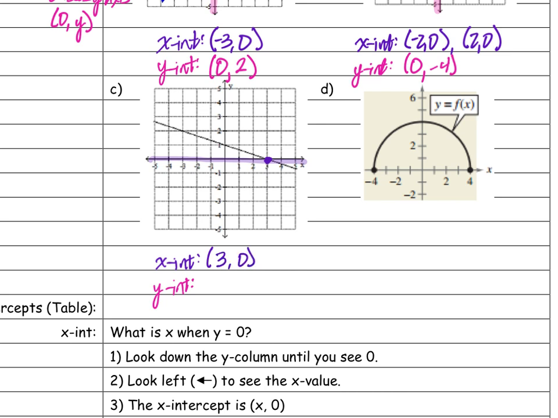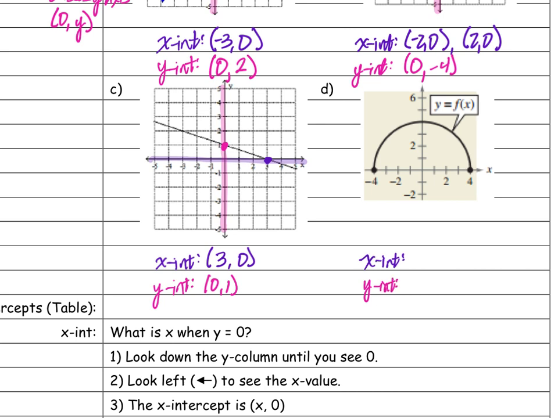And my y-intercept, I do the same thing. I highlight my axes, and it's where it crosses the axis, which is there. So that's 0, 1. That's it. So we've got my x-intercept and my y-intercept.